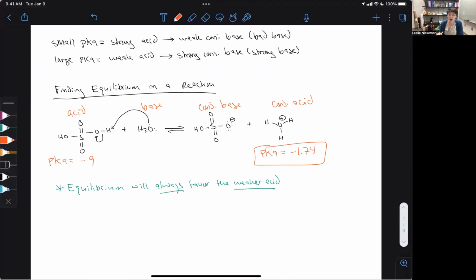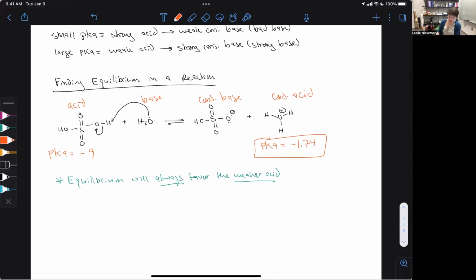The protonated water is our least acidic. So we're going to favor the products here. Okay, so we can also go ahead and change that equilibrium arrow and make it a little more unbalanced and say, I'm more favoring that product side because that's where my weaker acid is lying.